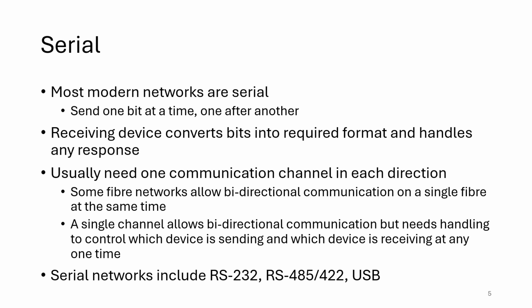There are some fiber networks which allow bidirectional communication on a single fiber, but normally you need some sort of protocol or handshaking to manage which is sending and which is receiving, and that requires that you have multiple communication channels. There are many serial networks including Ethernet, RS-232, RS-485, 422, Universal Serial Bus, and lots of internal computer buses, as well as lots of proprietary networks.